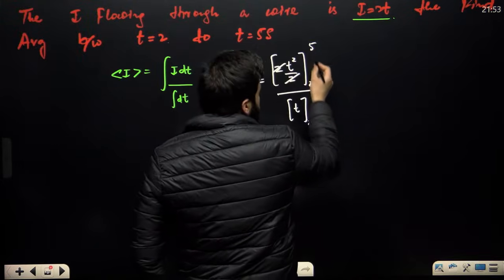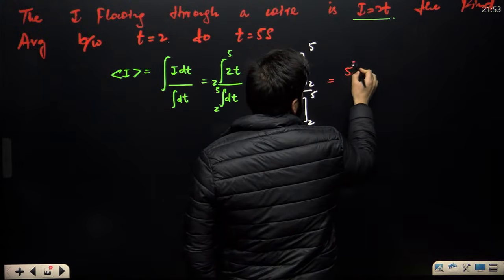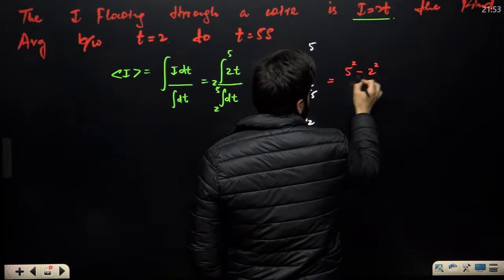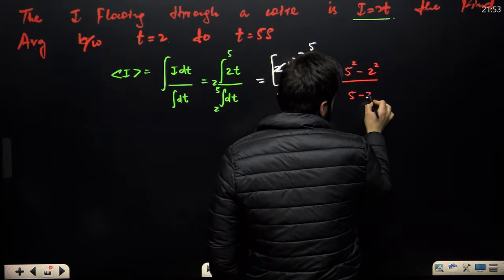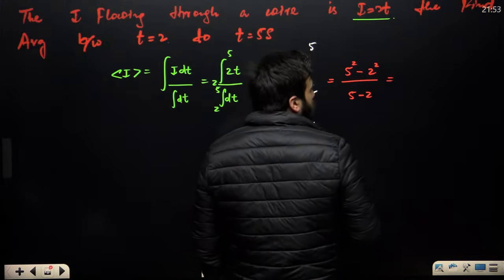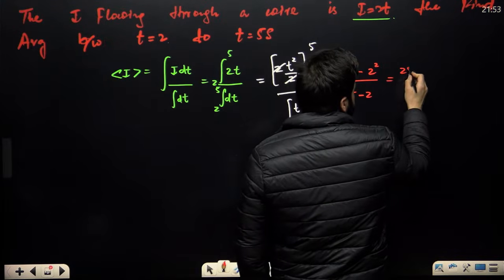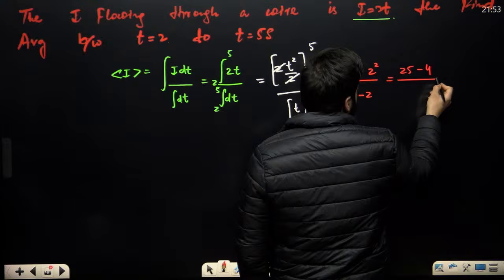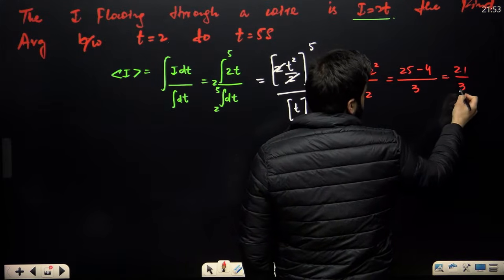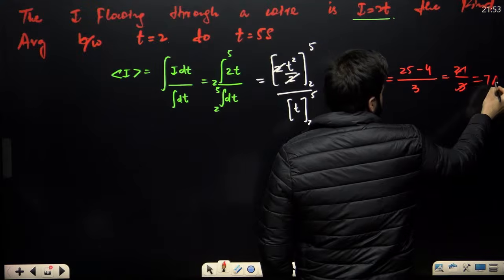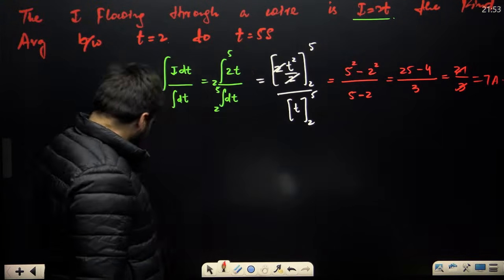Now in this t you put the upper limit, that is 5 square, minus the lower limit, 2 square, divided by upper limit 5 minus lower limit 2. Now 5 square is 25, minus 2 square is 4, upon 3. This is 21 by 3. This will come out to be 7. So 7 ampere is the average of this.